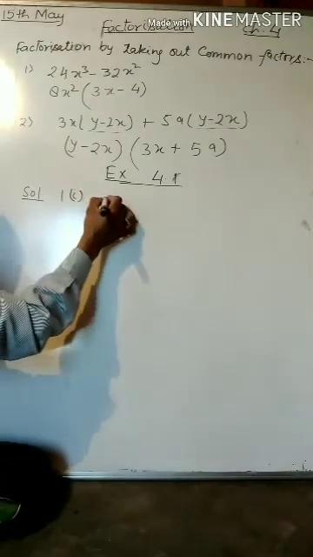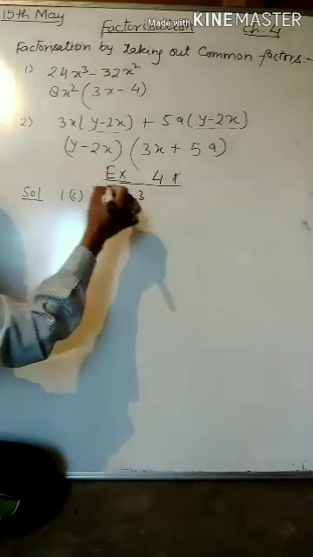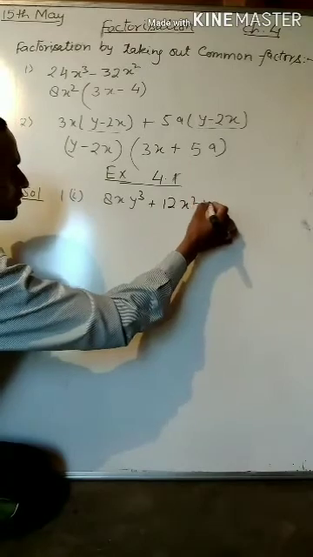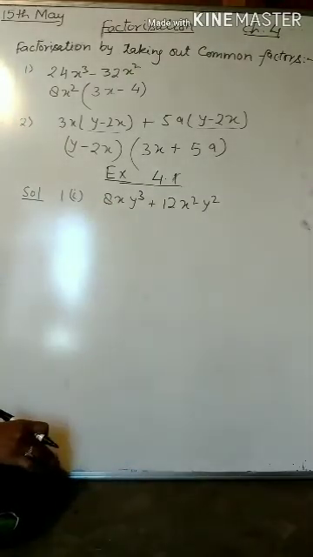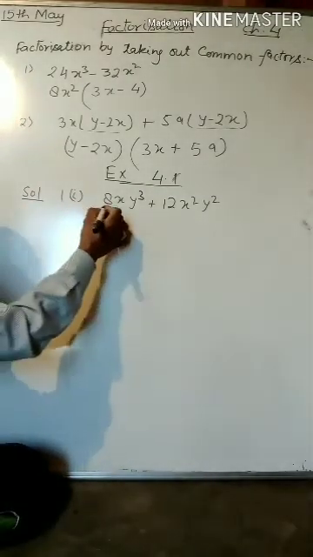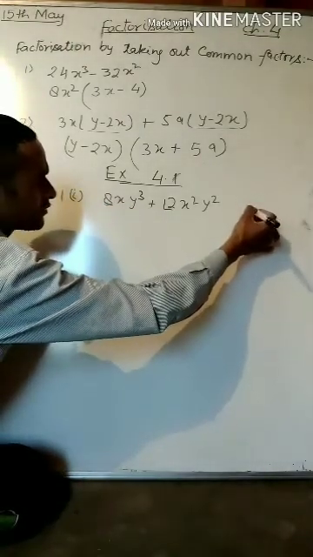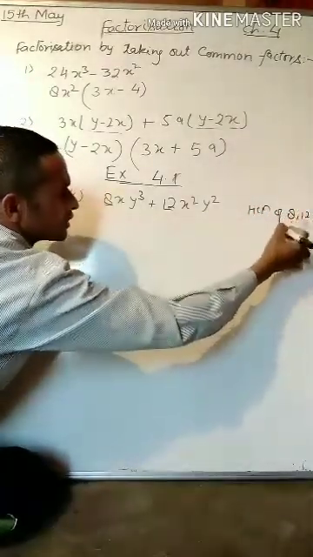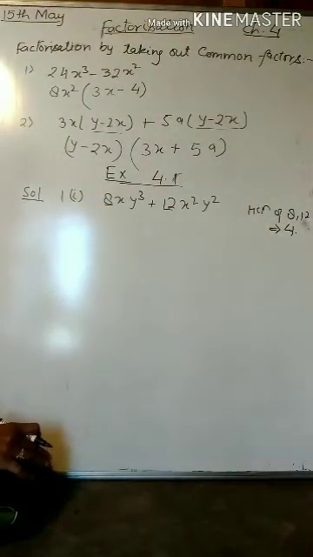The question is 8x cube y cube plus 12x square y square. See what is common in both the terms. Here are constants, 8 and 12, and the HCF of 8 and 12 is 4. So 4 is common.